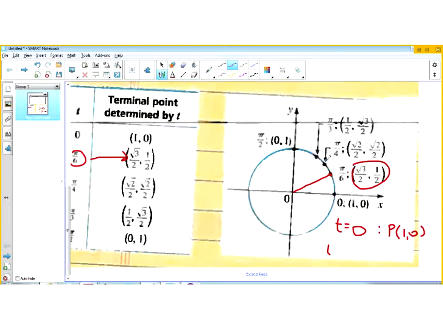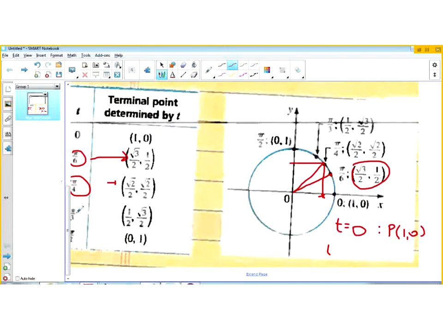Now the coordinates of the terminal point for t equals pi fourths would be here: square root of 2 over 2 and square root of 2 over 2. Basically, to calculate the coordinates of this point, we need to find the x value and we need to find the y value. So I'll show you how.